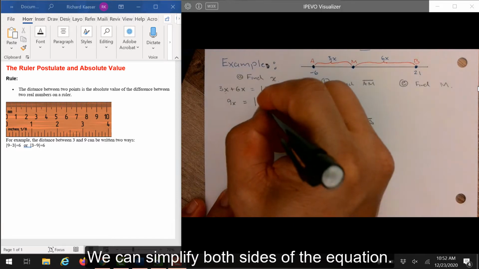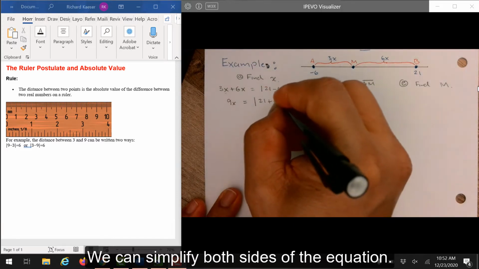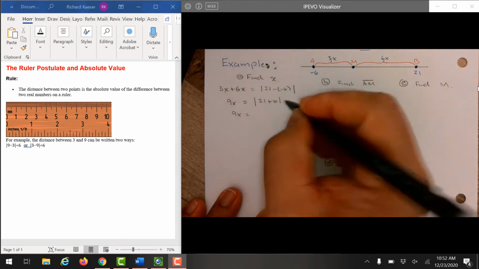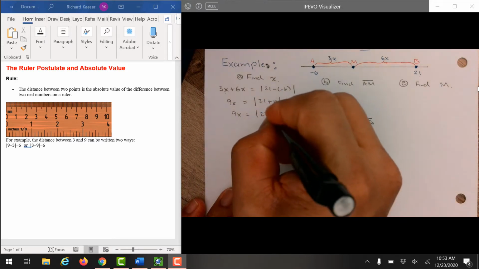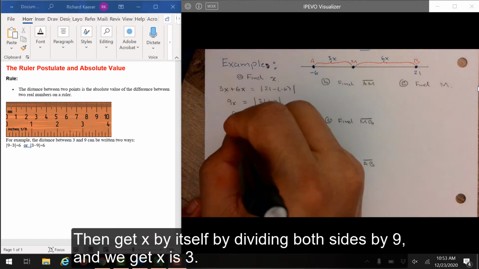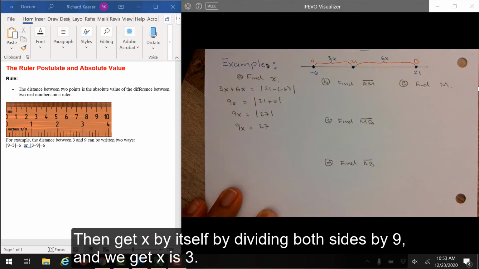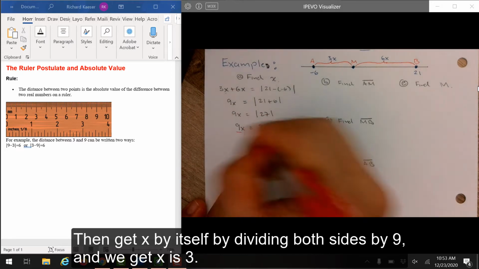We can simplify both sides of the equation, then get x by itself by dividing both sides by 9, and we get x is 3.